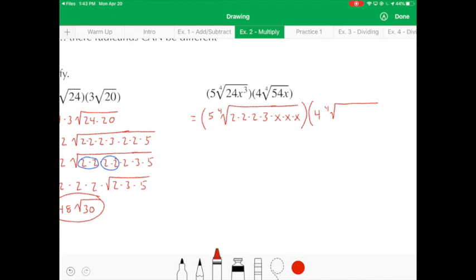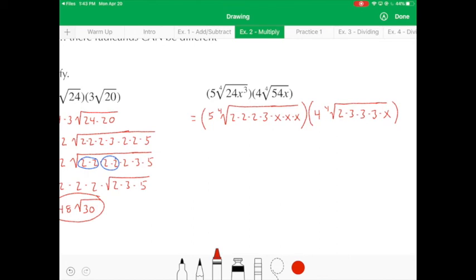So 54 is 6 and 9. 6 is, of course, 2 and 3. 9 is 3 and 3. So this would be 2 times 3 times 3 times 3 times x. Now, once again, notice there is not 4 of the same factor in that radicand.